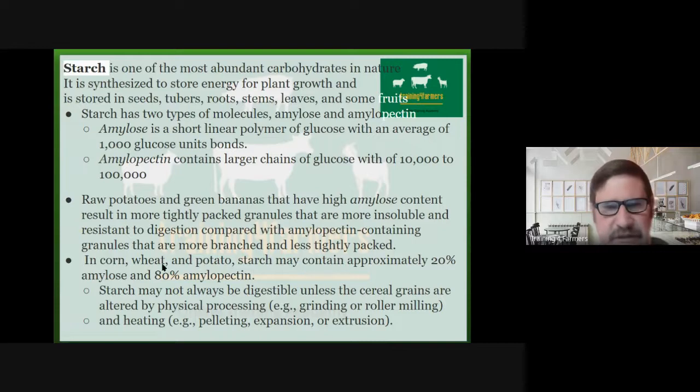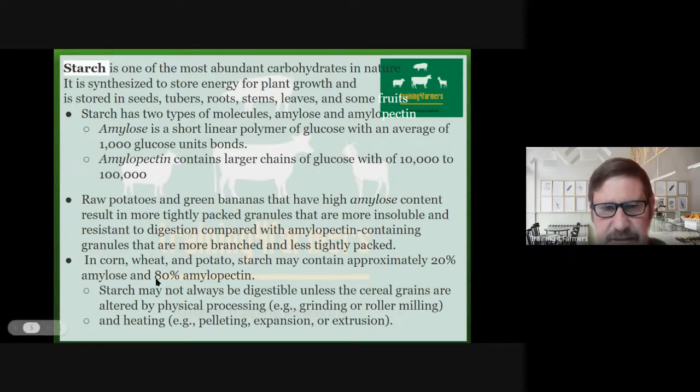Corn, wheat, potatoes, and starch contain about 20% of that one and 80% of this one. Okay. So even the potatoes and maize and wheat and those kind of things have got both of them in different proportions and so on.